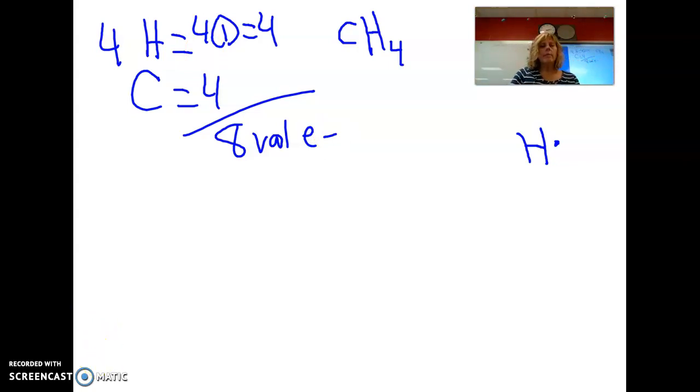I want to set up a Lewis structure that shows where the electrons are shared and what that molecule looks like. So if I start putting this together, first of all, carbon has 4 valence electrons, so it has 4 bonding sites, and that's really important. Carbon's going to have to bond with each of these 4 hydrogen atoms in this way.